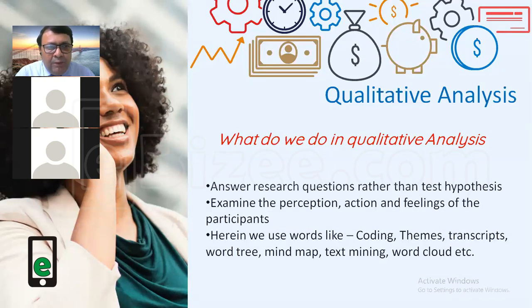Or, for example, why are Americans exploding with riots during such a pandemic? Why is it happening? It cannot be a coincidence that there is a pandemic as well as riots, and that too riots related to racism. These kinds of questions could be the research questions which need to be answered. That is the objective of qualitative analysis.